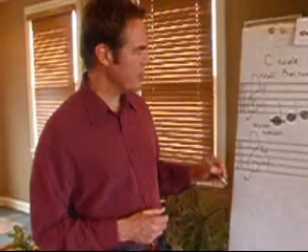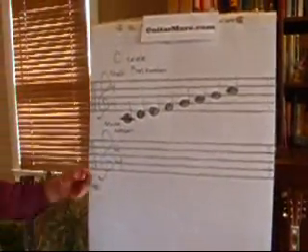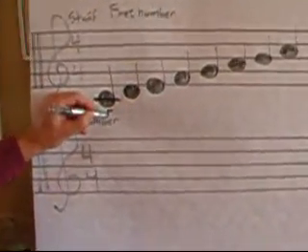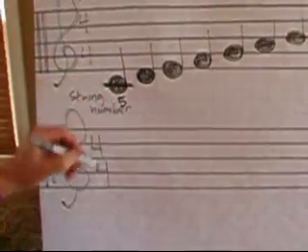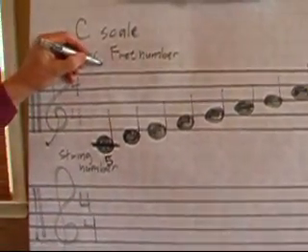So to play a C scale, this first note here would be played on the 5th string. So I'm going to write a 5 below that note. And it would be played on the 3rd fret.